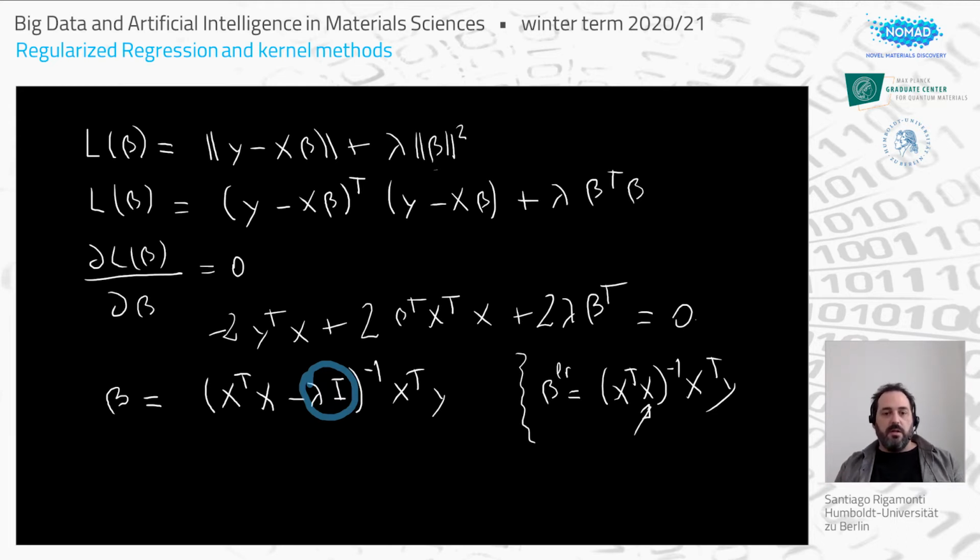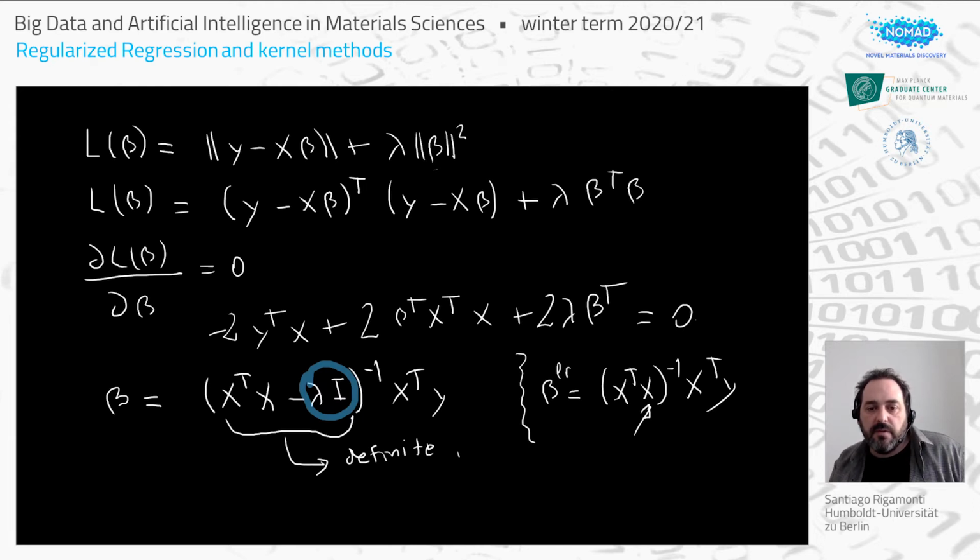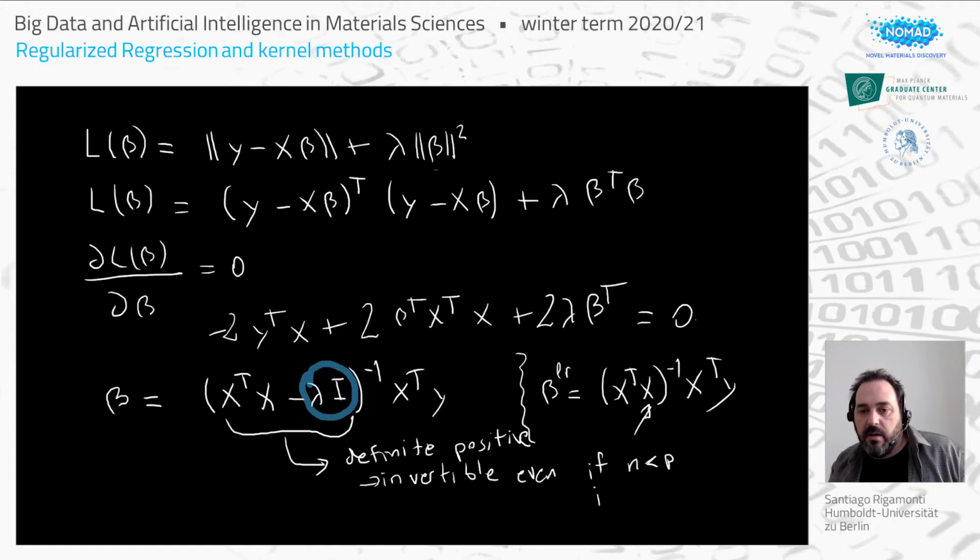This is called a ridge term, and what it does to this matrix is make it positive definite, and it is then invertible even if n is smaller than p, and even if there are collinearities. So this solves the problems that we had before.